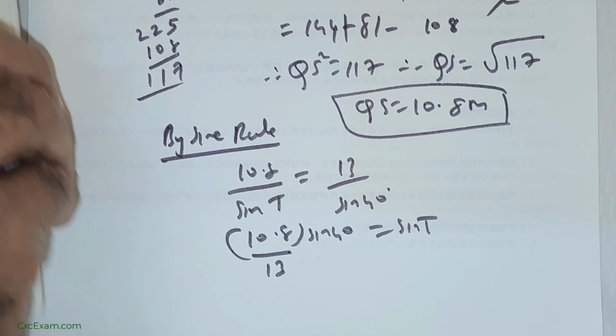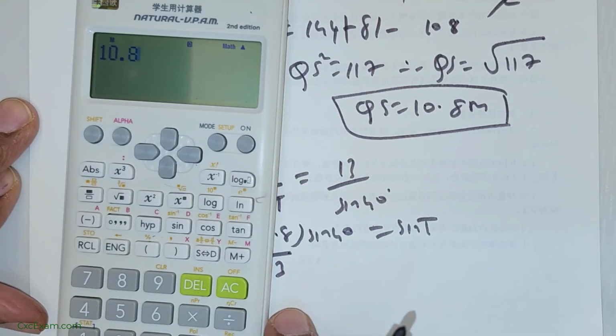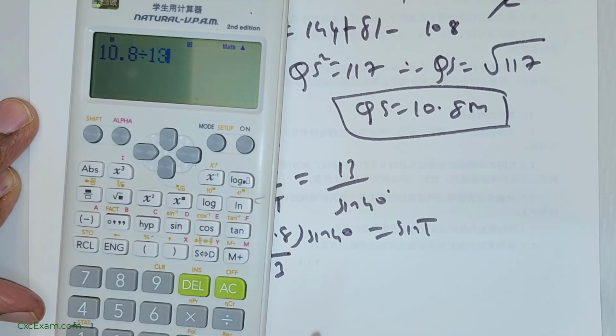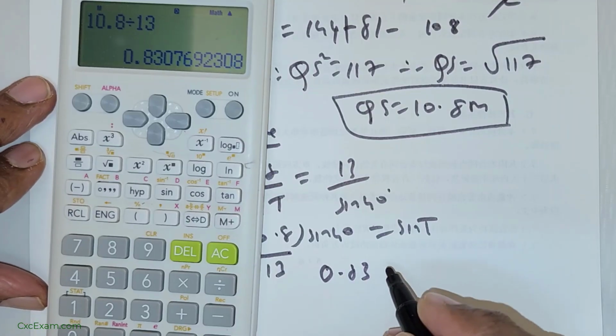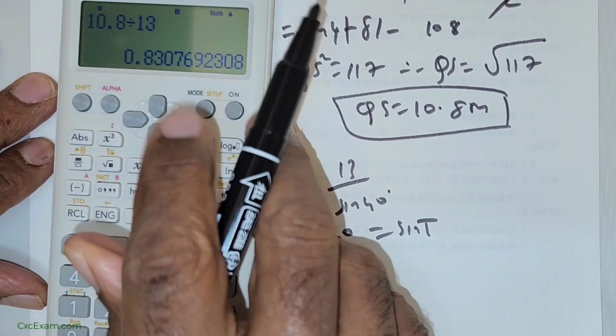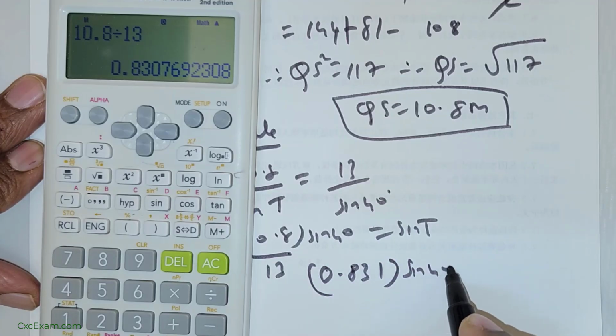So 10.8 divided by 13. What is that? 0.83. I'm taking it as 0.831, multiplied with sine 40.